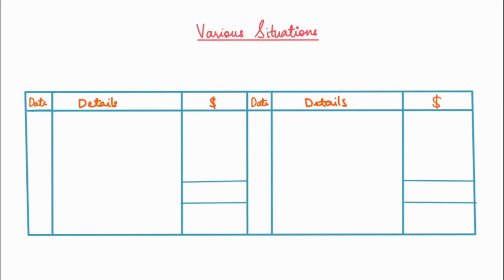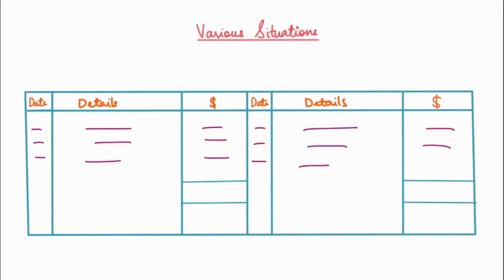Now let's see the recording in various situations. So now let's assume that there are already some transactions recorded. Now find the total of the debit side and of the credit side.